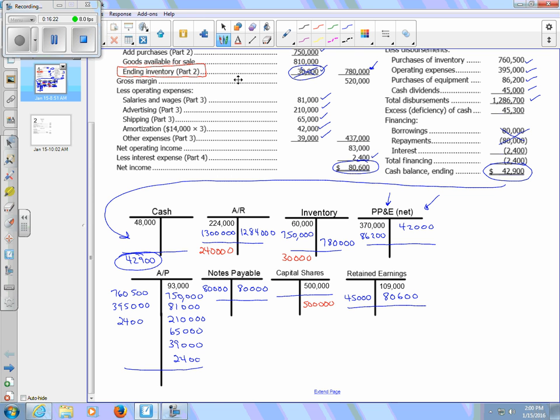Property, plant, and equipment, 414,200. Accounts payable, anybody have it? Two people got it, probably right. Three people got it. Excellent. Notes payable is 0. Capital shares. Remember, capital shares and common stock means exactly the same thing. And retained earnings.